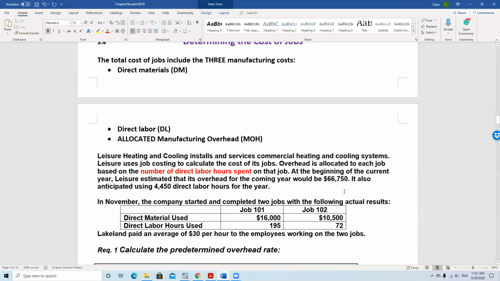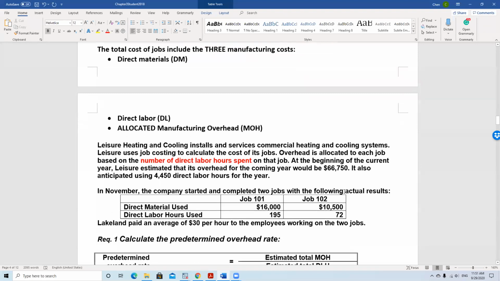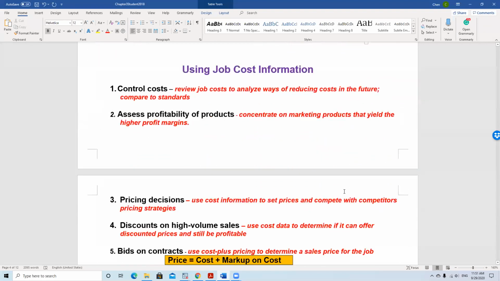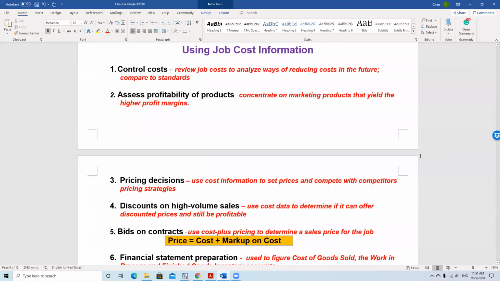Okay, this is an example of how to determine the cost of each job. How to use this job cost information. Okay, so you can control your cost. Just to analyze, why do you have this so much amount of cost, and whether you can eliminate your cost in the future, and also, what is your estimation performance about MOH?